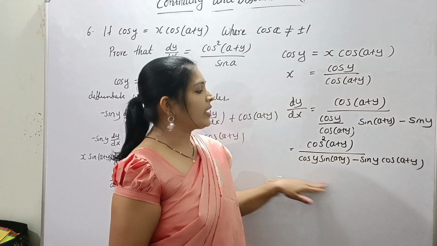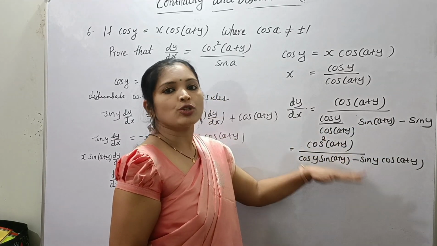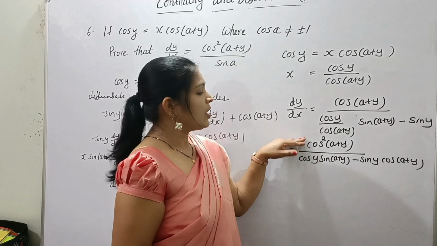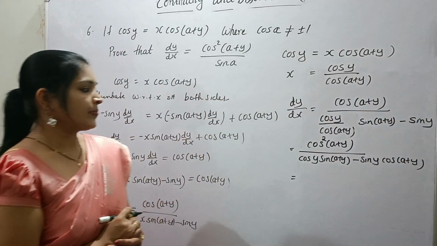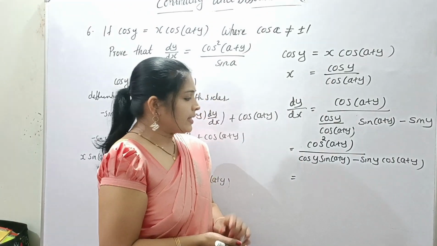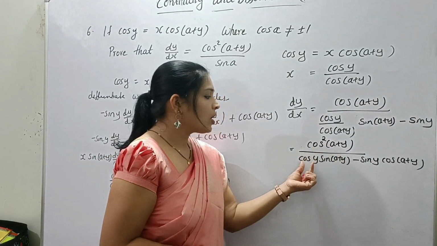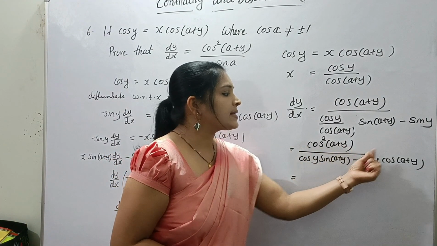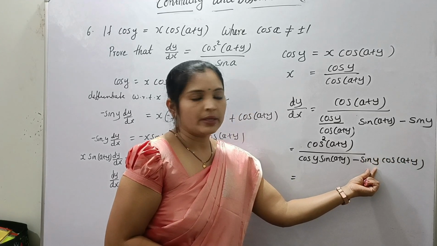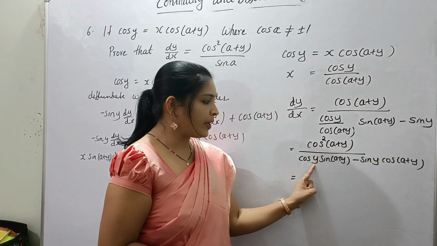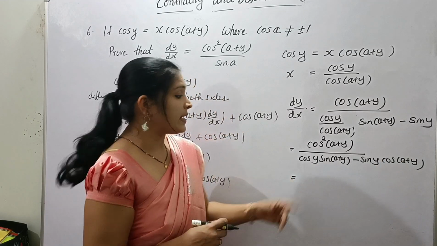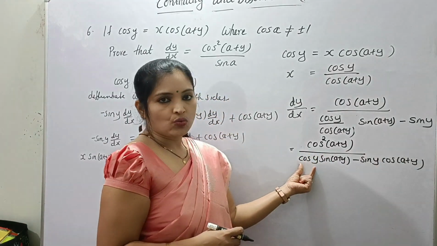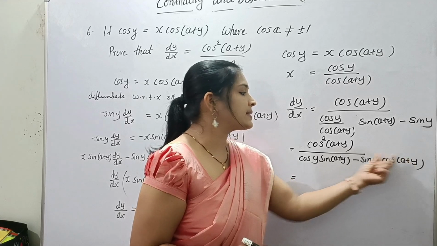The cos of a plus y comes to the numerator, and the denominator comes to the numerator, so it will be cos square of a plus y. Now what is in the denominator? See here, it is of the form sin a cos b minus cos a sin b, or we can write sin x cos y minus cos x sin y.